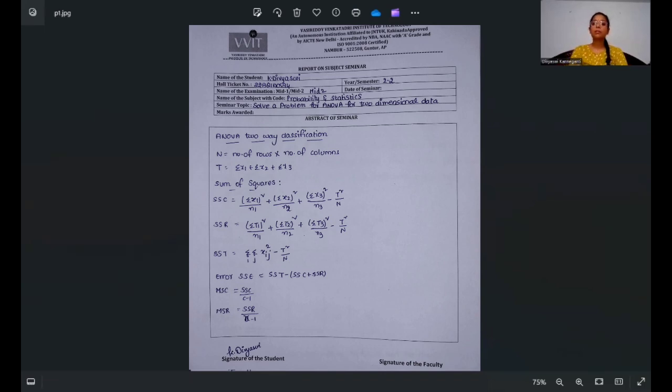Then MSC, the mean square of columns, can be calculated by the sum of squares of columns divided by the number of columns minus 1. The MSR, the mean square of rows, is calculated by the sum of squares of rows divided by the number of rows minus 1.